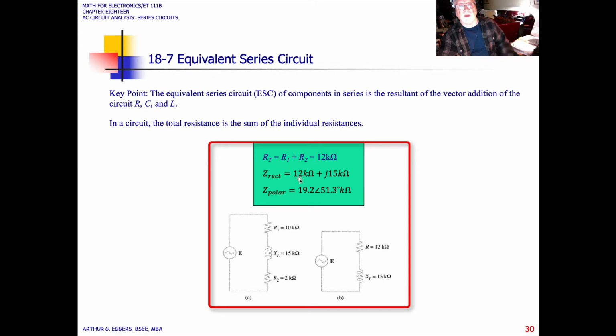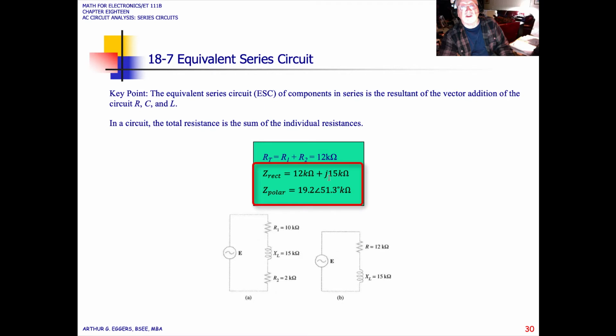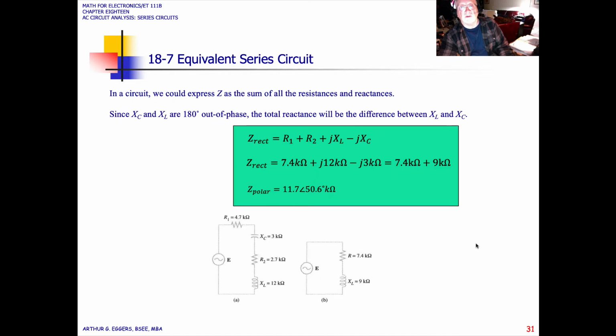Again, you have to respect the real and the imaginary components. R1 and R2 then become 12 k ohms, the X sub L 15 k ohms. So we put them together in rectangular form, 12k plus j15 k ohms. Converting that using the trigonometric functions, you get 19.2 k ohms at an angle of 51.3 degrees.